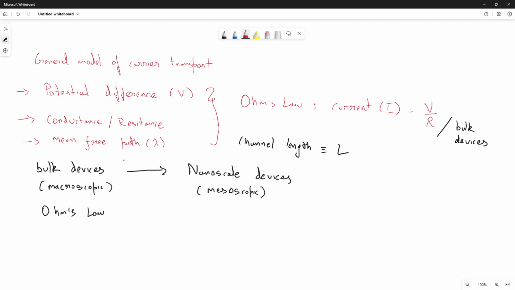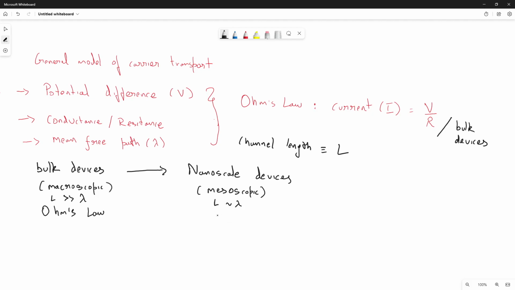So for macroscopic devices, we have L very much greater than lambda. And for mesoscopic devices, we can say that L is of the order of lambda. When I put a single tilde, it means it is approximately pretty close. It can be lesser than or greater than, but it's comparable to lambda. So we have now defined it in terms of the mean free path as well.